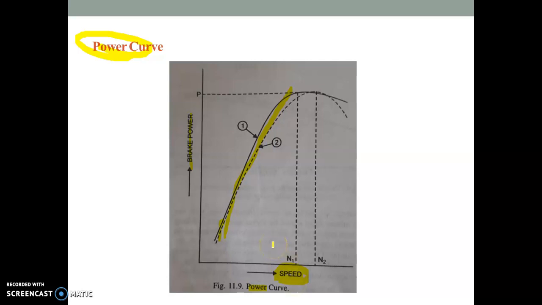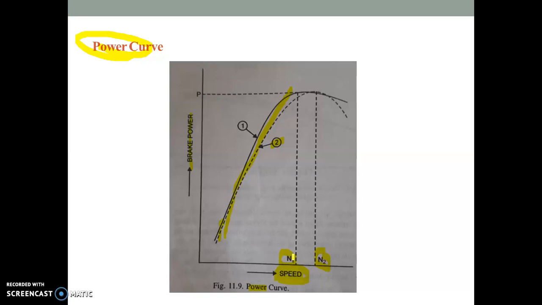It is seen in this graph that although the maximum power is the same in both cases, yet the power at almost all engine speeds is lower in case of engine 2, and the maximum output in engine 2 occurs at a higher speed, N2, compared to engine 1, speed N1.